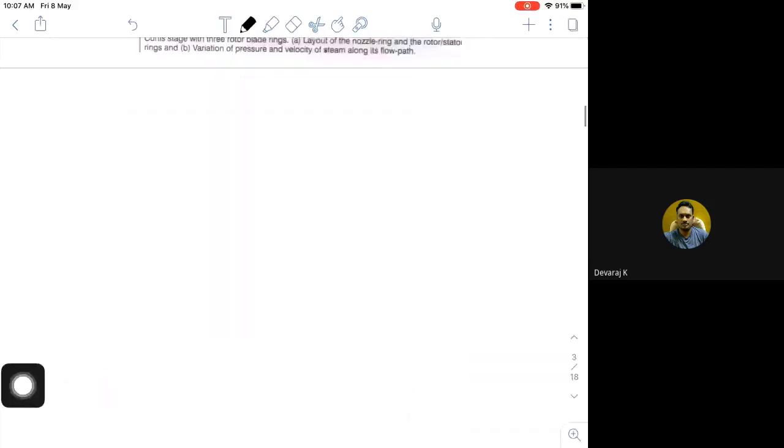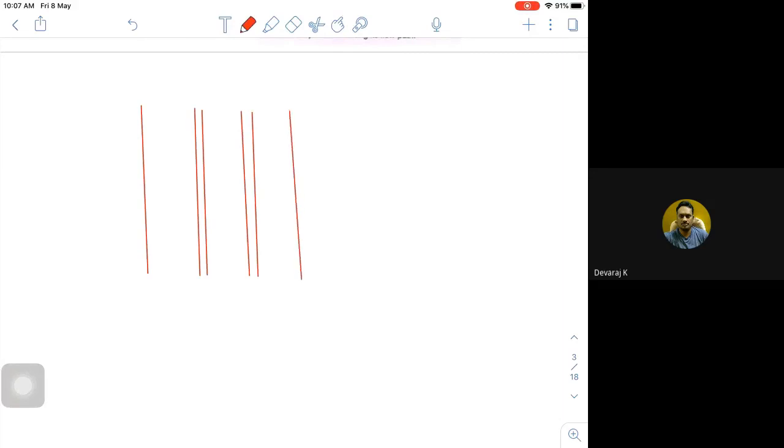Let me write that. I do have two stages like this: one nozzle, one rotor, then a nozzle, then a rotor, then nozzle, rotor, nozzle, rotor.